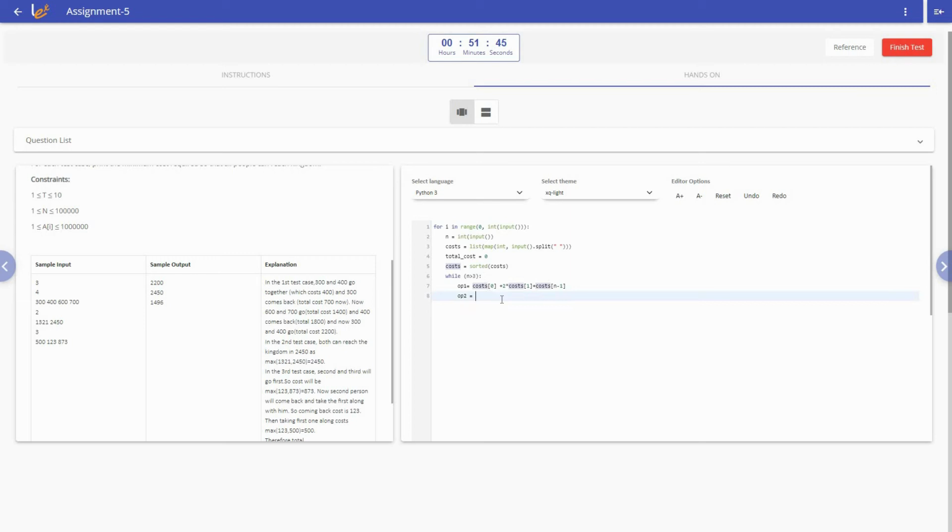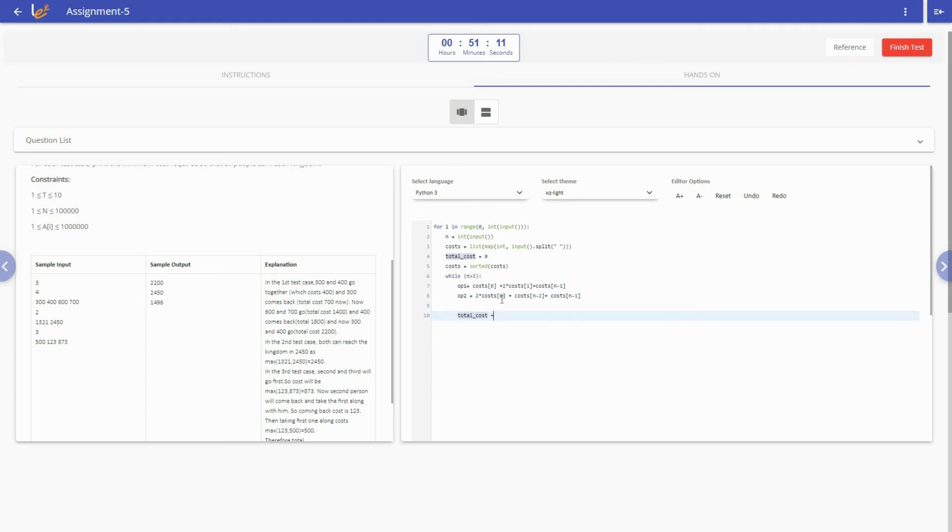Or the other operation, cost of 0 plus... So out of these two operations, whichever has the lower value, we'll add that.